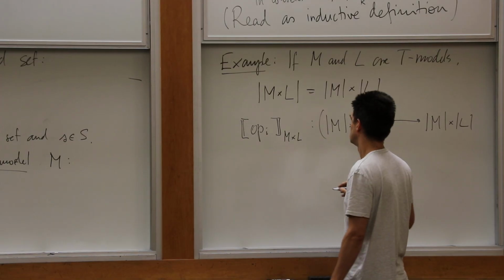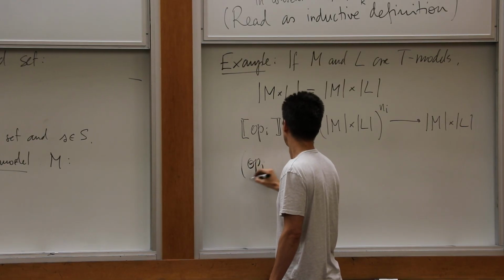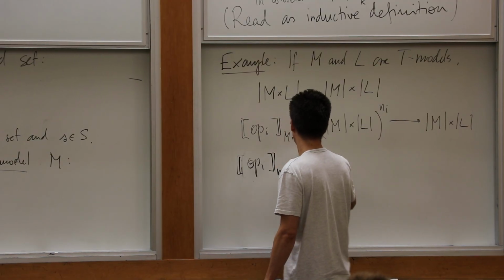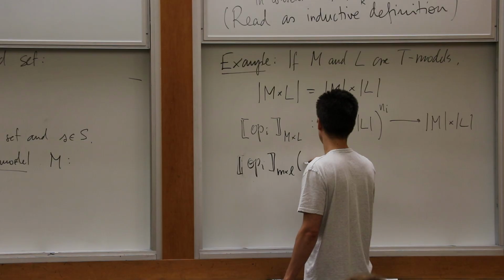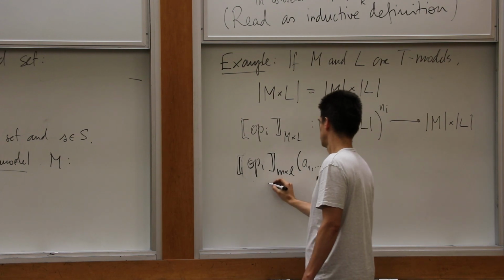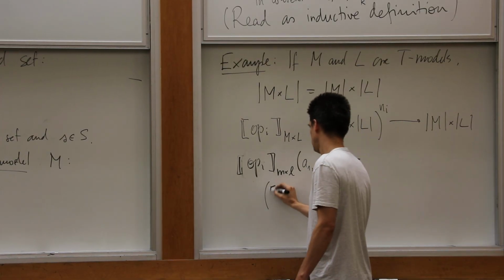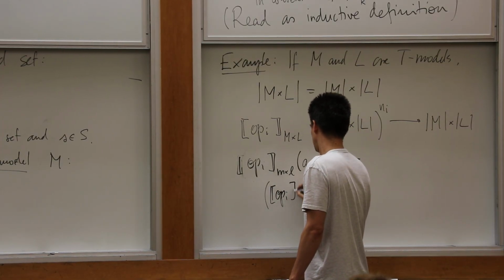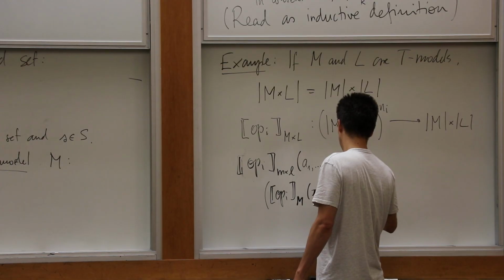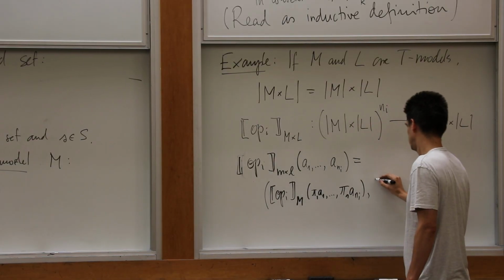So take op I in M cross L of a tuple A1 up to A_n_I. It's going to be a pair: op I in M of the first projections, and op I in L of the second projections.